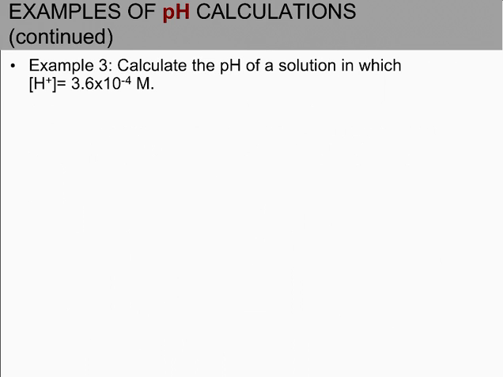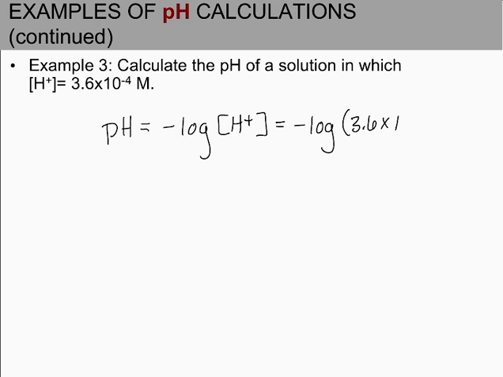So let's do another example. Let's calculate the pH of a solution in which the hydrogen ion or hydronium ion concentration is equal to 3.6 times 10 to the negative 4th moles per liter. All right, so we know that to calculate the pH, we need to take the negative log of the concentration of the hydrogen ions. So we're just going to plug in 3.6 times 10 to the negative 4th.